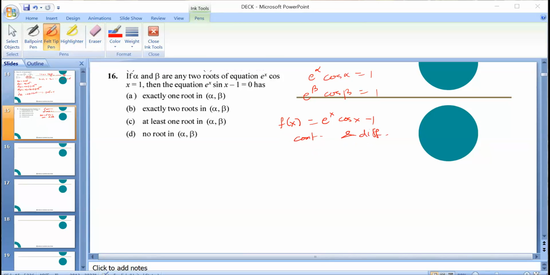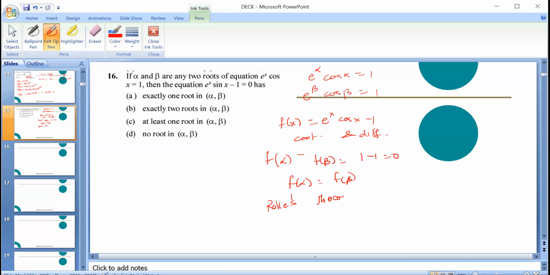So if you take f of alpha minus f of beta, 1 minus 1 is 0. That means f of alpha is equal to f of beta. That means Rolle's theorem is applicable.